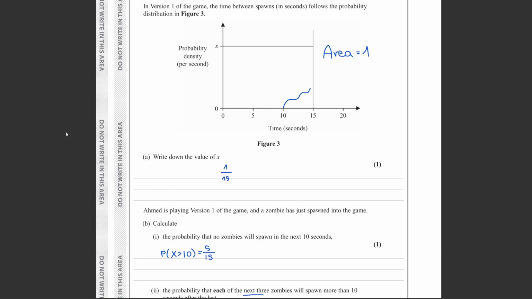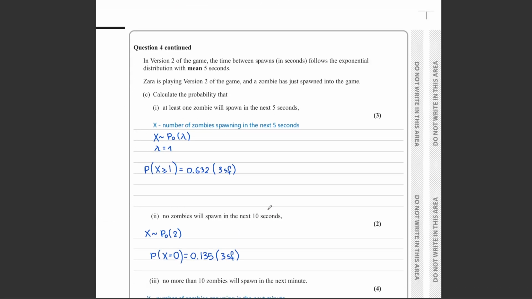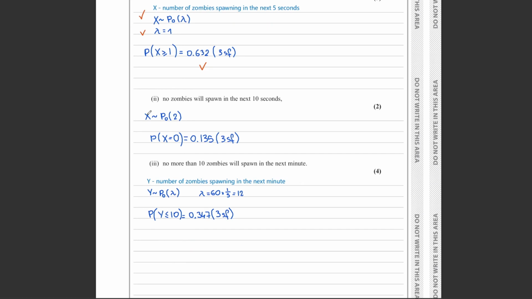For this 15 marks question, you will have a mark for the value of x, also for the probability in B. One point for the method and 1 for the final answer. One point for the distribution, 1 for the lambda, and 1 for the result.